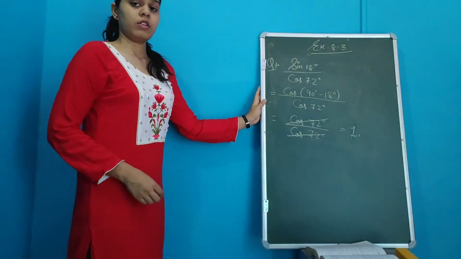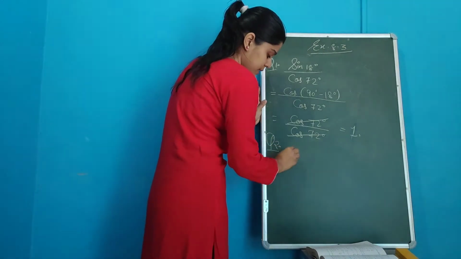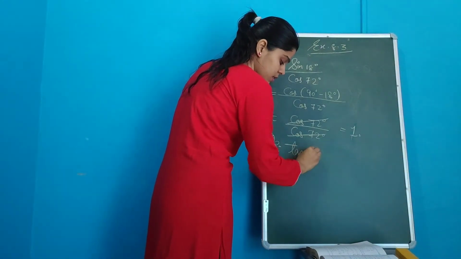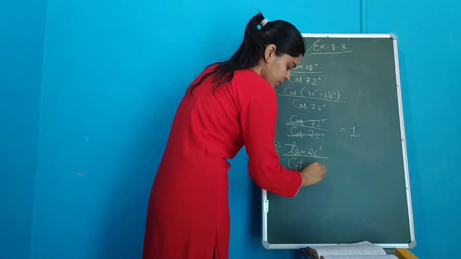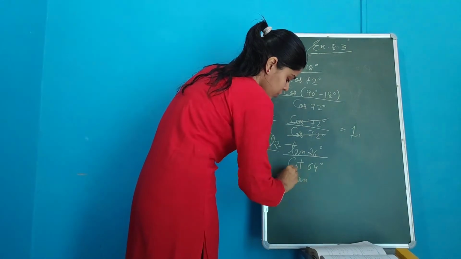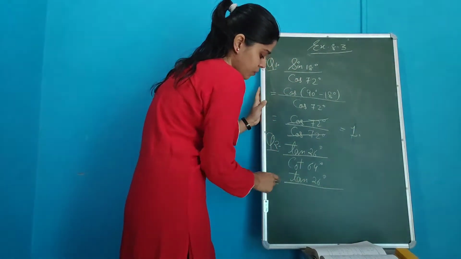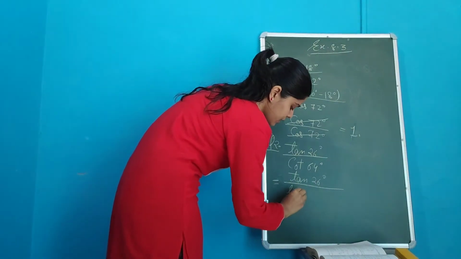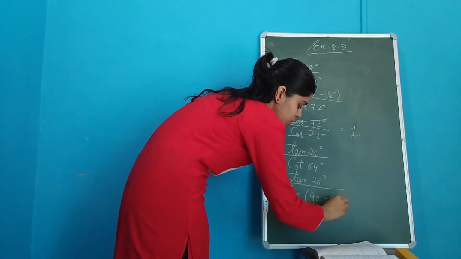Okay, so now moving to question number 2, and it says tangent of 26 degrees over cot of 64 degrees. Here also we will convert one: tangent of 26 we keep as it is, and we convert cot, into tangent of 90 minus 64.